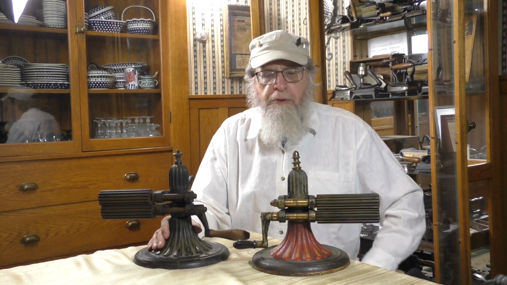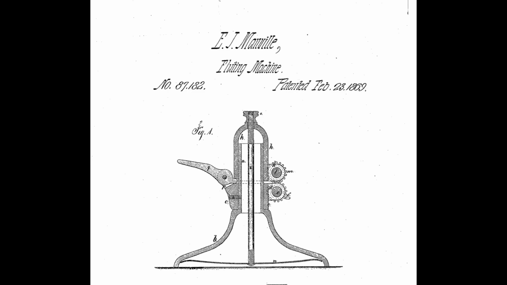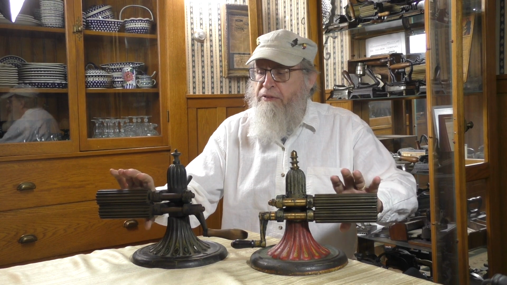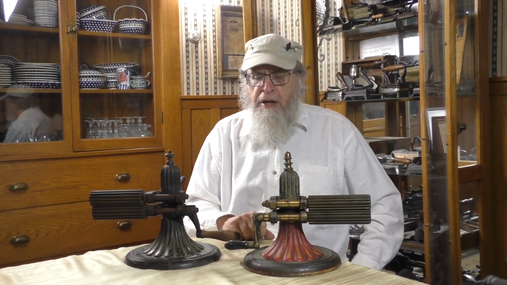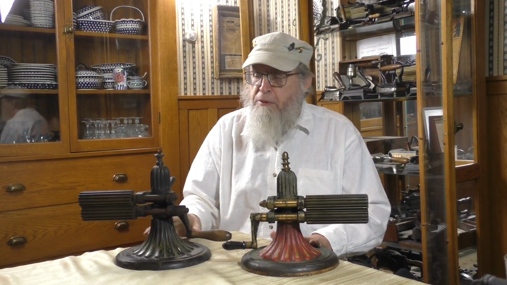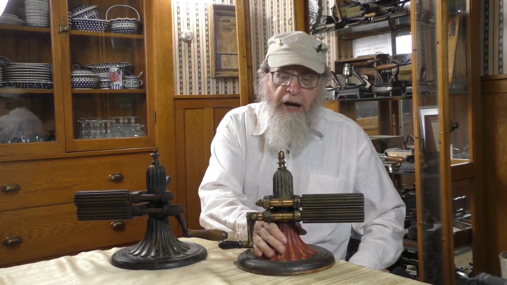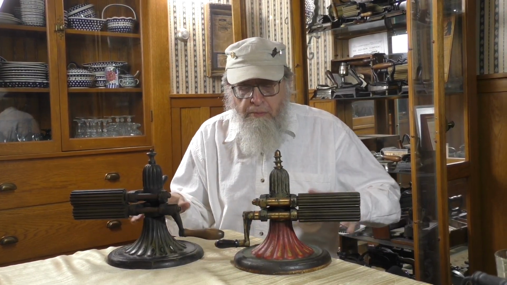These are Manville fluters, and these are early, in the late 1860s, when the fluter designs were like the English style of having the rollers to one side and the handle to the other. These are different. This one has a larger diameter at the base, a little bit higher height. This one's smaller. And there are some other minor differences between these as well.